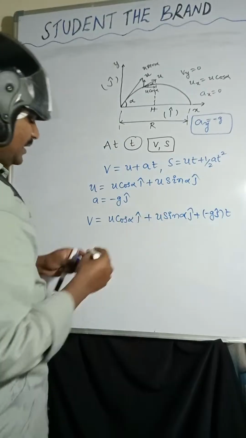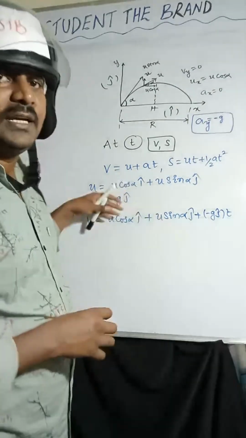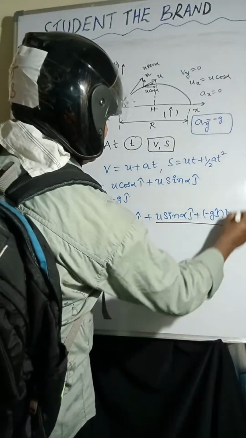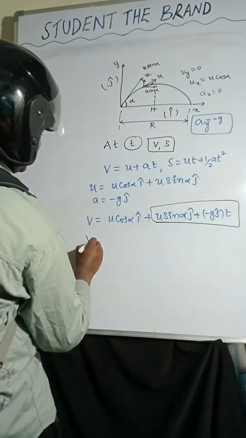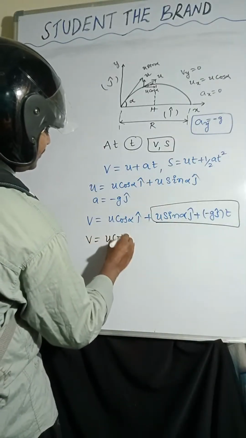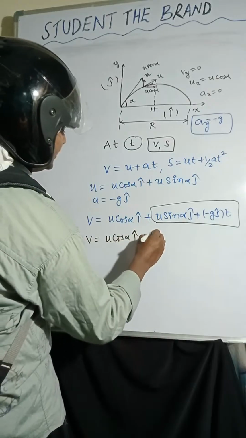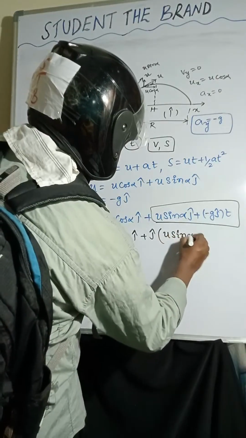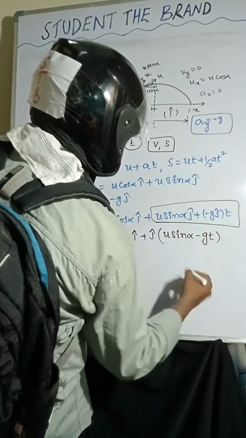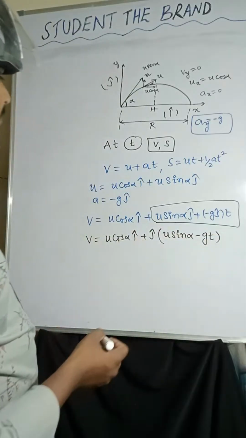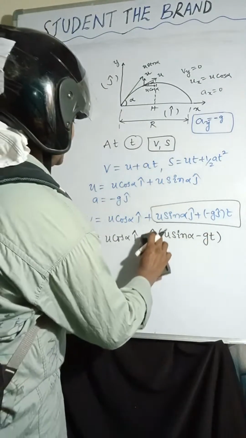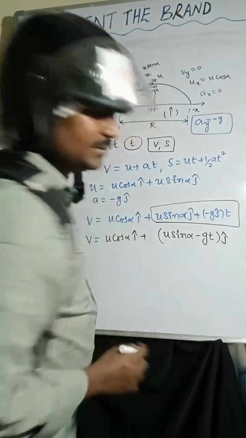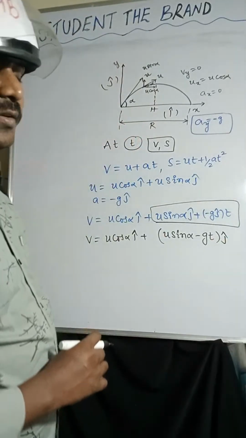Now take all i caps on one side and j caps on one side. Here only j cap is there. So v equal to u cos alpha i cap, and j cap I am taking common: u sin alpha minus gt, j cap. You can write it here or at the end also, fine. I hope it is very clear to you all.